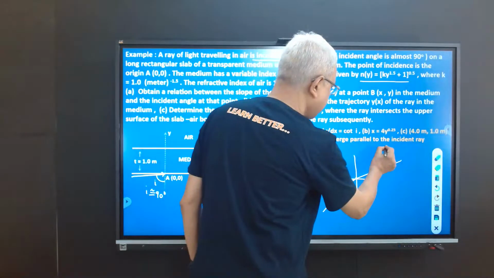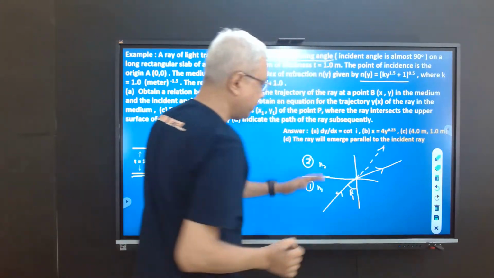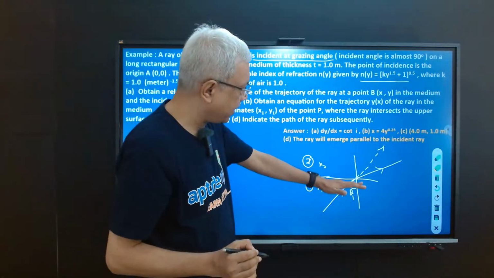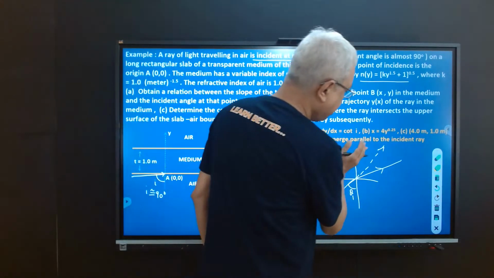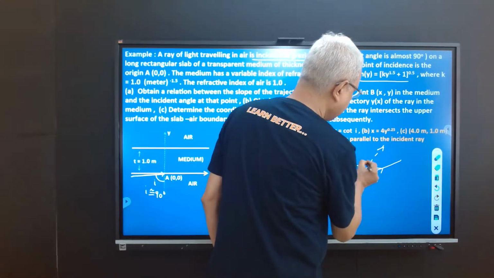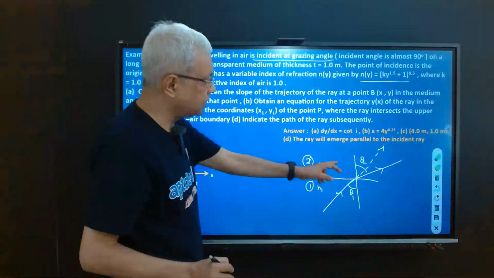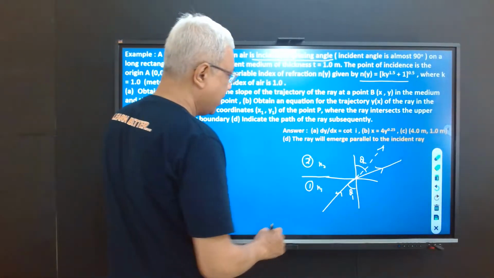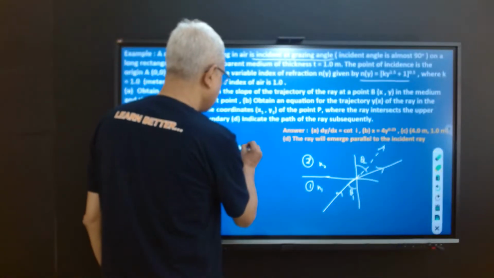Had there been no interface, then the ray would have gone like this. But because of the presence of another media above medium 1, the light ray bends, and this phenomenon we call refraction of light, and this is called the angle of refraction. Theta 1 and theta 2 can be determined using Snell's law.